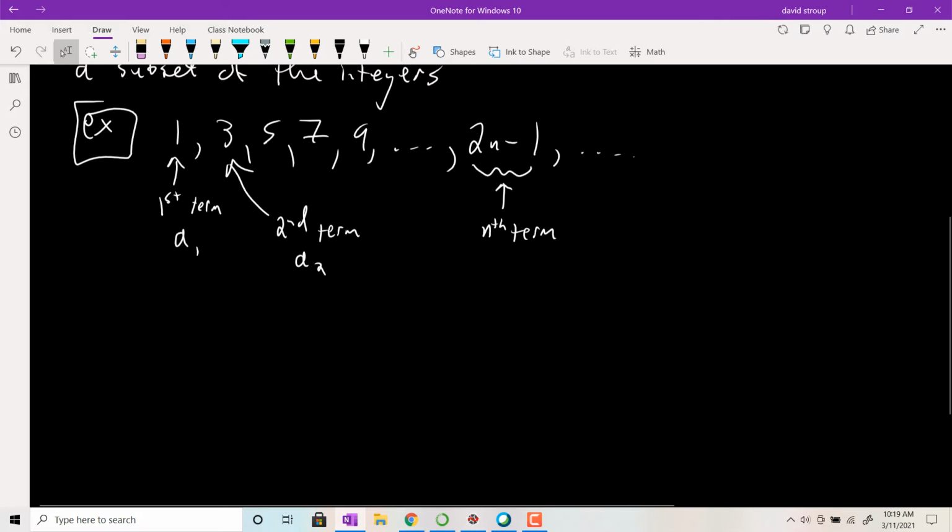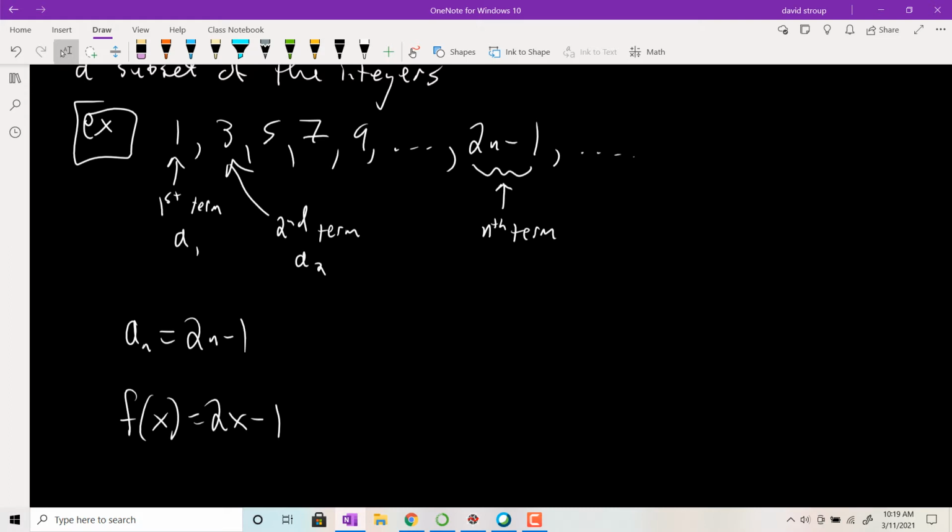It's similar to what you did with functional notation. It just looks a little different. Here our nth term formula, a sub n, is 2n minus 1. You can compare and contrast that with f of x equals 2x minus 1. They're basically the same thing. We just use a sub n to remind you that we're working with a sequence, where the domain is some subset of the integers.